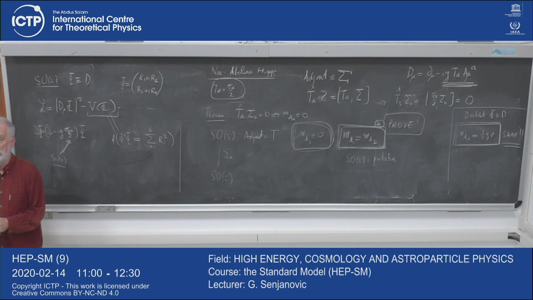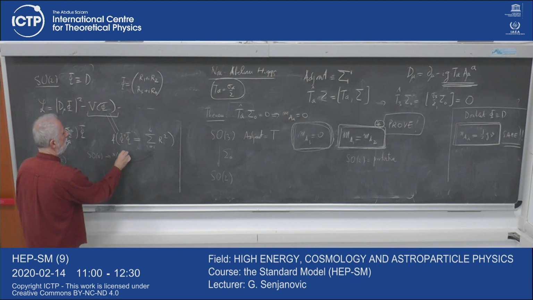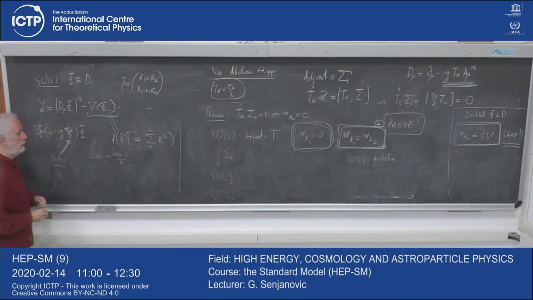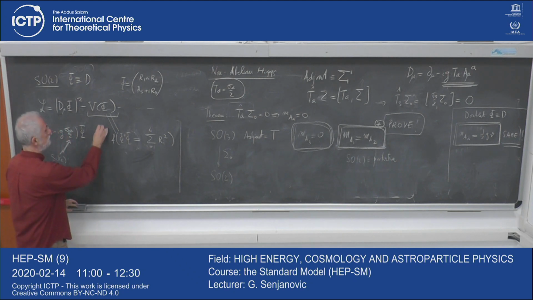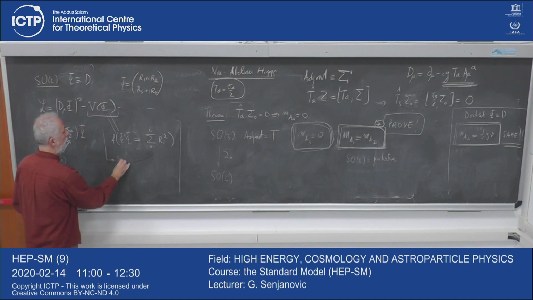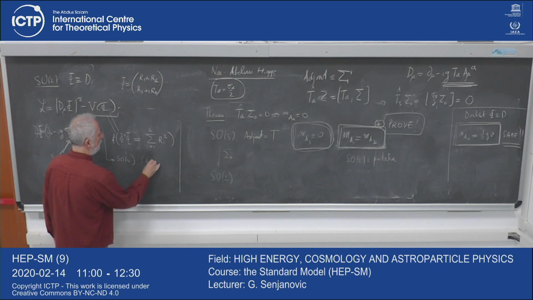It has N(N minus 1)/2 generators. SO3 has 3. SO4 has 6. So this potential has an SO4 symmetry. And SO4, we said, has 6 generators. What is the rank?